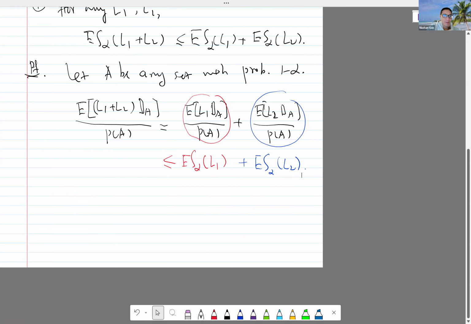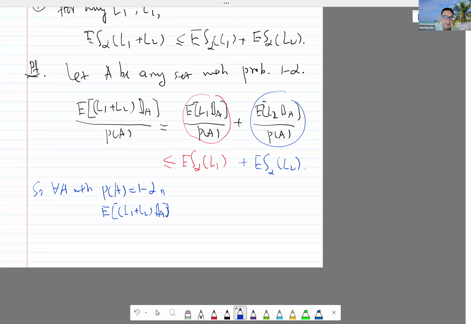So for any set A with probability equal to 1 minus alpha, we have the conditional expectation of L1 plus L2 on A is always less than or equal to this one.